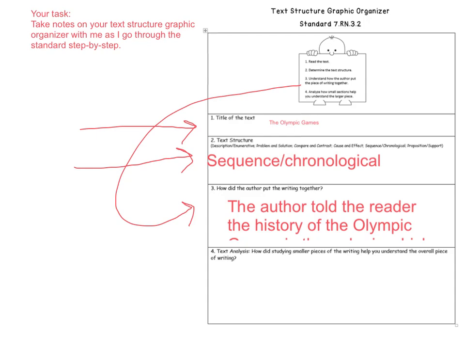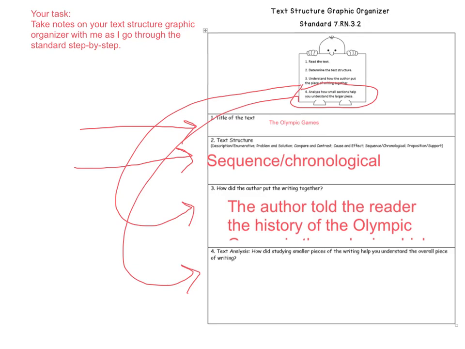The last part of our standard says that we need to be able to look at the smaller sections, or analyze the smaller sections, in order to help us understand the larger piece. I'm looking right here, and I'm going to do that right down here. So that says text analysis: how did studying smaller pieces of the writing help you understand the overall piece of writing?